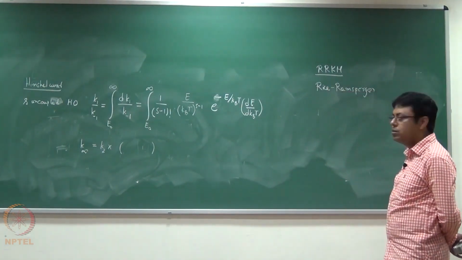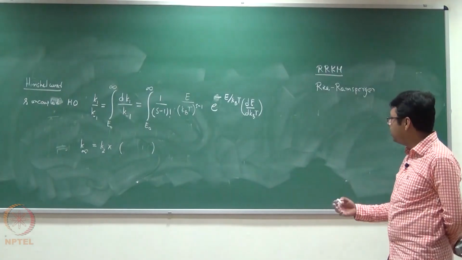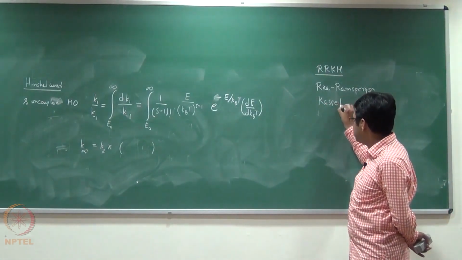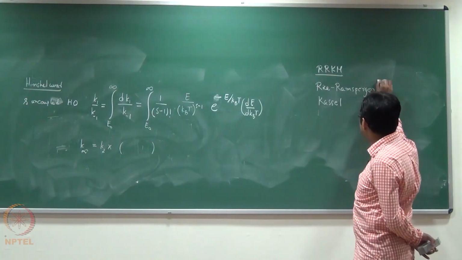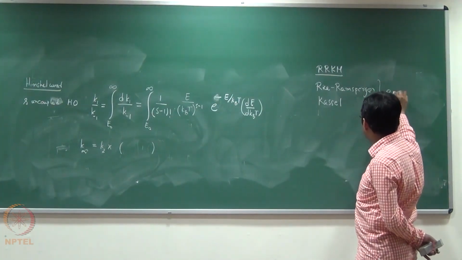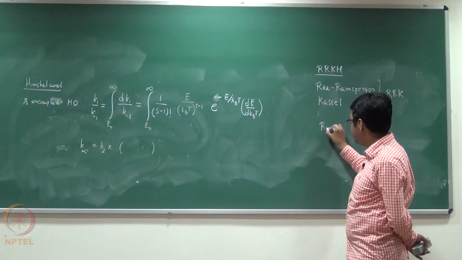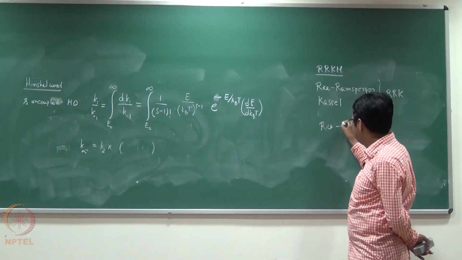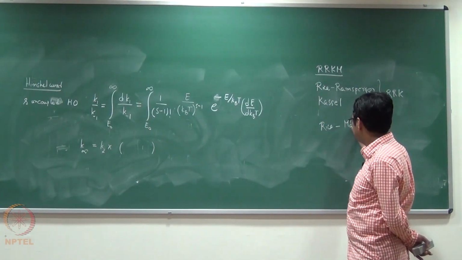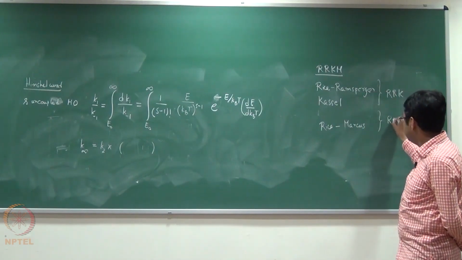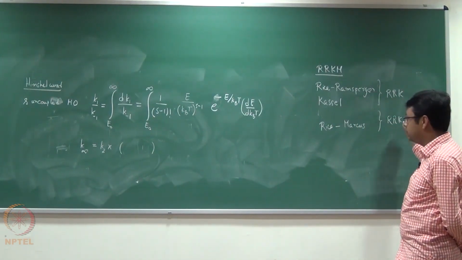Oscar Rice and his postdoc Ramsperger gave a model which was also given at the same time by Kassel. This is known as RRK theory. And later on, Rudy Marcus, as a postdoc of Oscar Rice, revisited the problem. That's why it is known as RRKM theory.